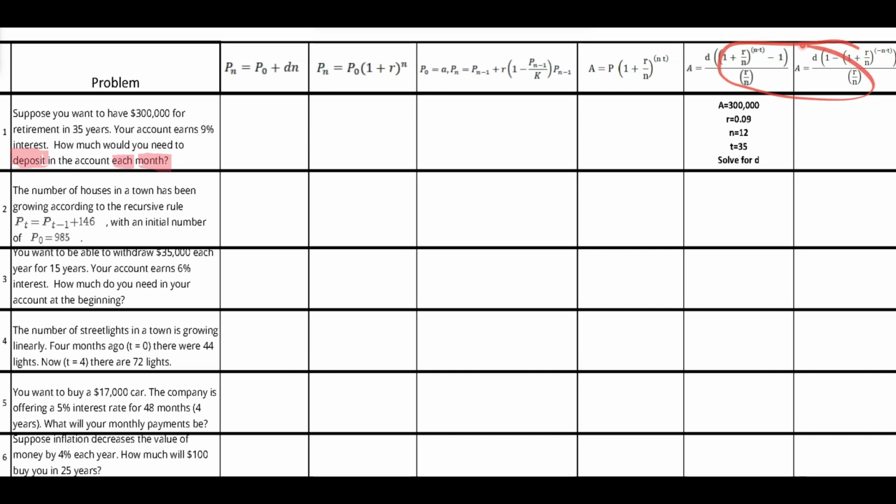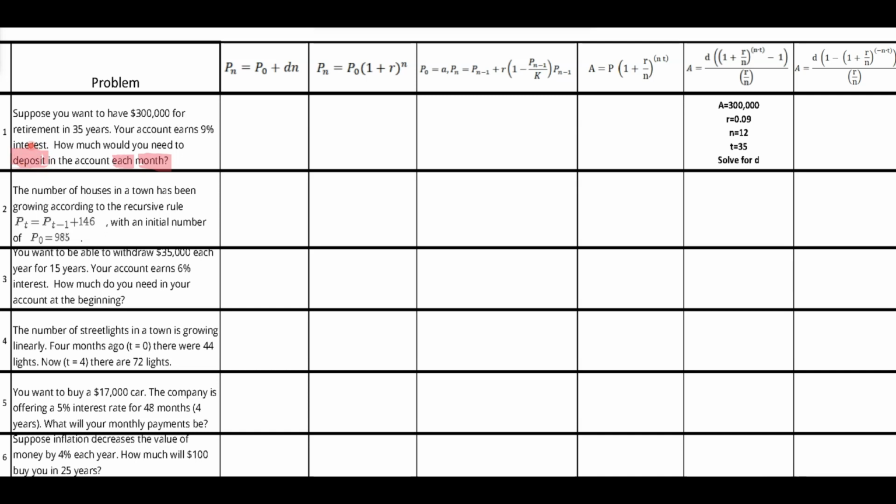So in this case, since it's monthly, we would have N equals 12. 35 years is how long we need to invest, so T equals 35. And the only thing left in this formula would be the D. So we would be asked to solve for D, or we would expect to do that. In this case, how much would you need to deposit? They're exactly requesting the D.